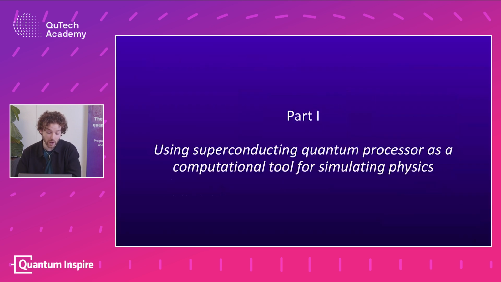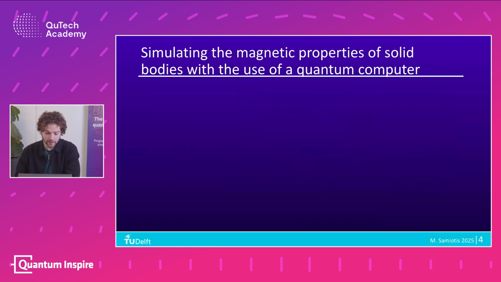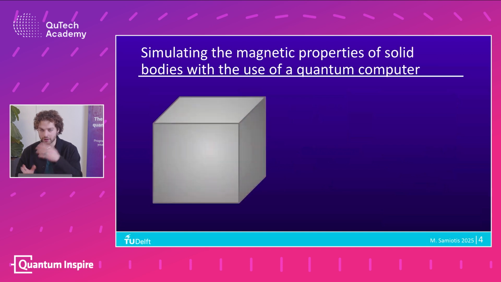So part one, we're first going to see how we can use a processor as a computational tool for quantum simulations. And what I want to talk about is a very nice example from physics. Imagine that you have a solid, and you take a two-dimensional section of this solid.